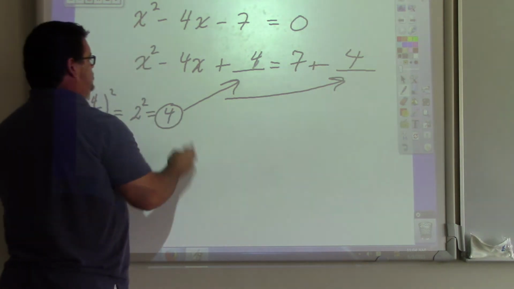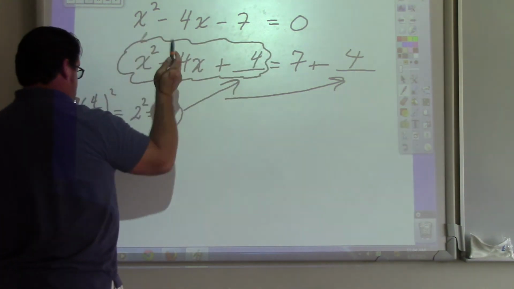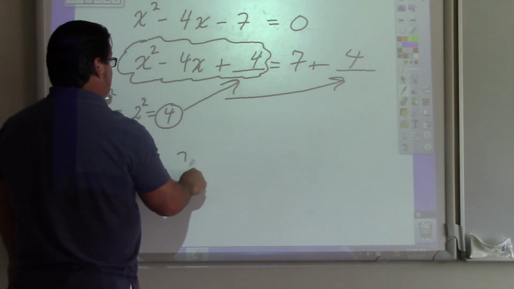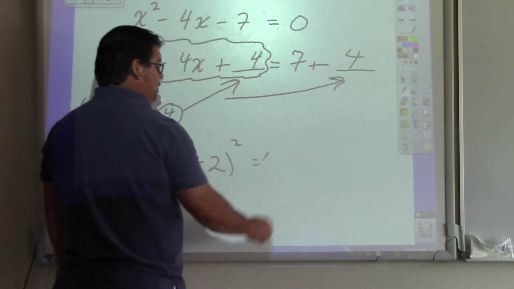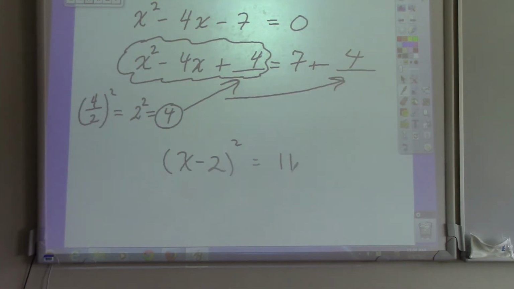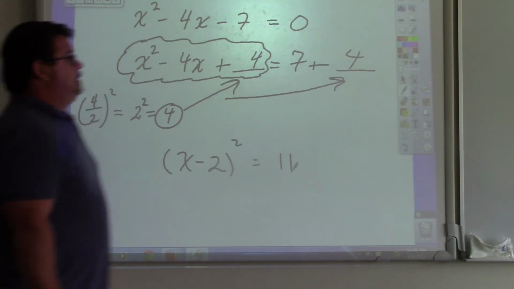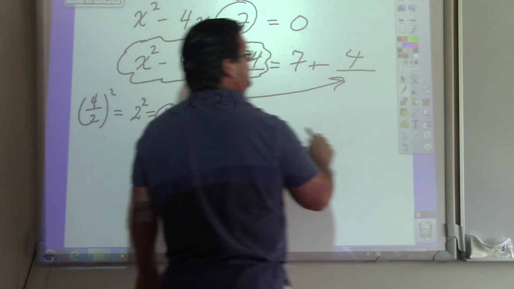So that's going to give you shortcut number 2, which would be x minus 2 quantity squared is equal to what? 11. Now you're ready to solve and find, and our y-intercept is negative 7.